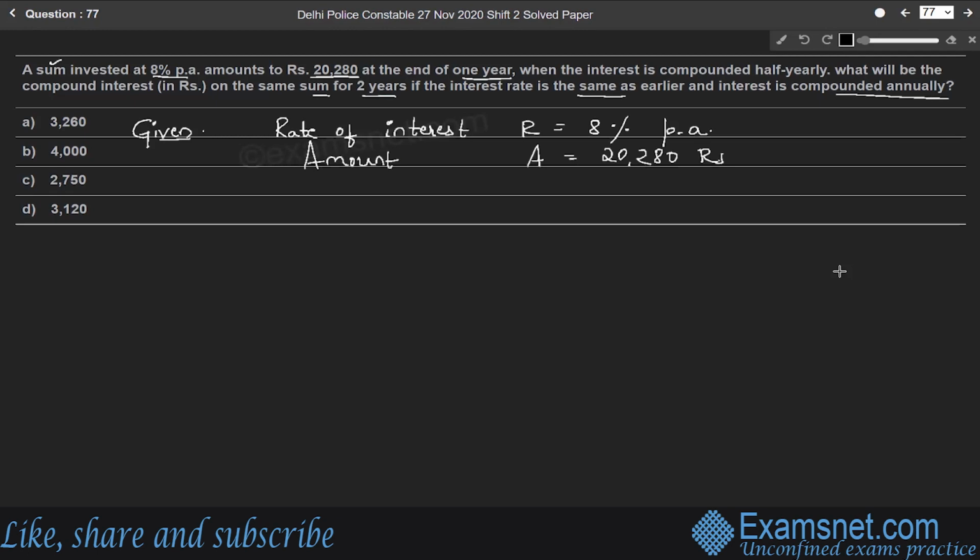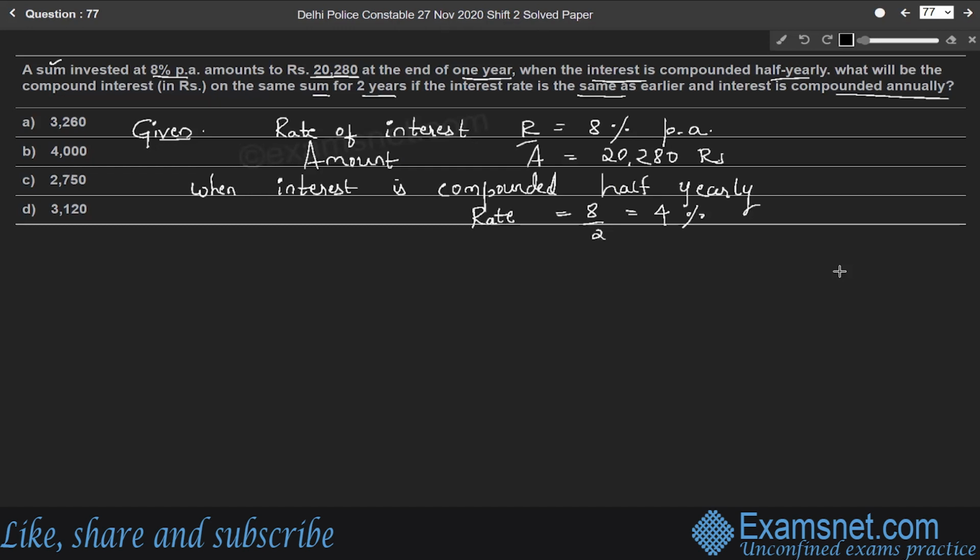But the interest is compounded half yearly, right? So here, when interest is compounded half yearly, rate of interest becomes 8/2, which is 4% per half year, right? And for the other half year, it is 4%, right?